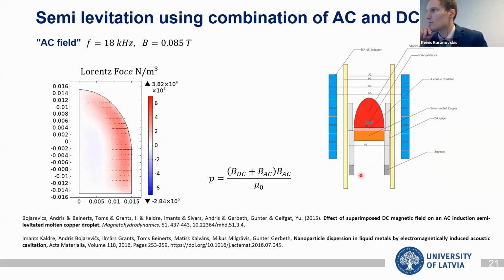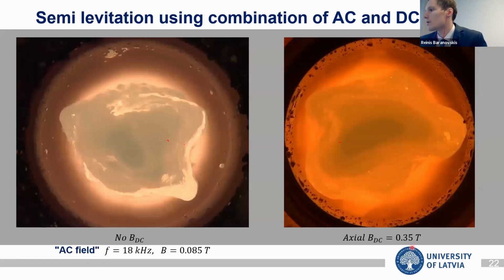It's true, this molten droplet is put in an alternating magnetic field, which we call the AC field. And the DC field, if I wrote B_DC, is meant as an existing static magnetic field. It's created solely by a permanent magnet system.